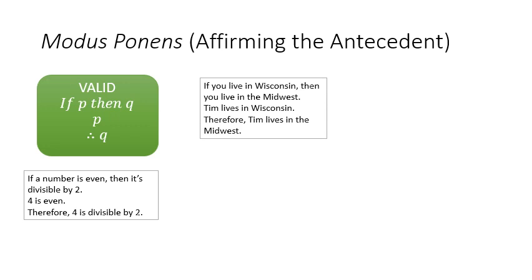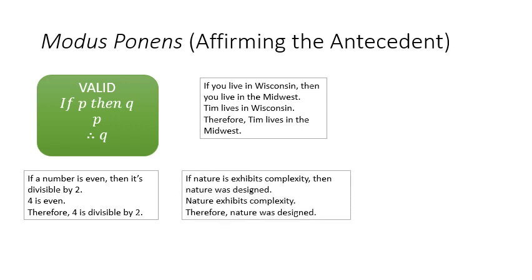Here's another one. If you live in Wisconsin, then you live in the Midwest. Tim lives in Wisconsin, therefore Tim lives in the Midwest. Again, same pattern, different words, but if the premises are true, the conclusion has to be true. And finally, here's a little more philosophically interesting argument.